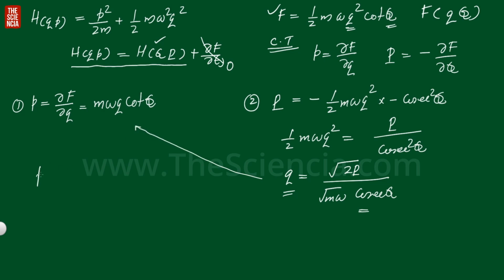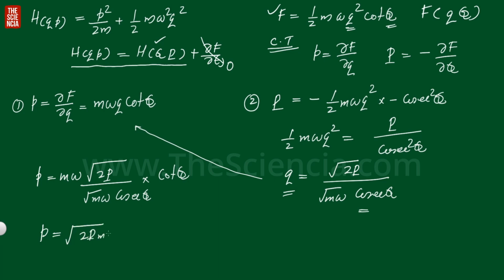So we get small p is equal to m omega q, that is root 2P by root m omega cosec Q, into cot Q. So after cancelling these terms, we get small p is equal to root 2P m omega into 1 by cosec Q into cos Q by sin Q, where we can cancel these two terms.